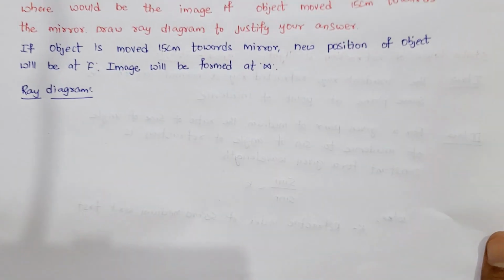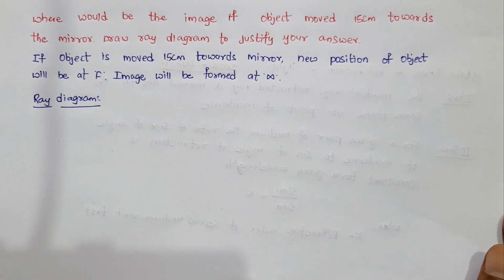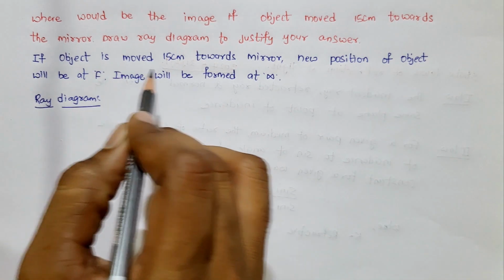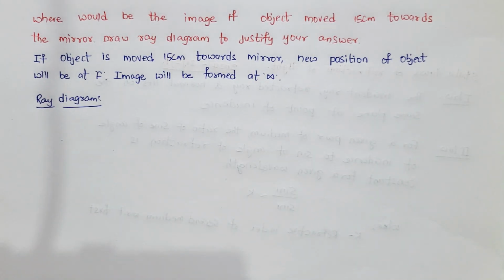Second part goes like this. Where would be the image if the object moved 15 centimeters towards the mirror? Draw a diagram to justify your answer. See, before case, object was at center of curvature, 30 centimeters center of curvature. So we can say that if the object is moved 15 centimeters towards the mirror, object will be placed at the focus.